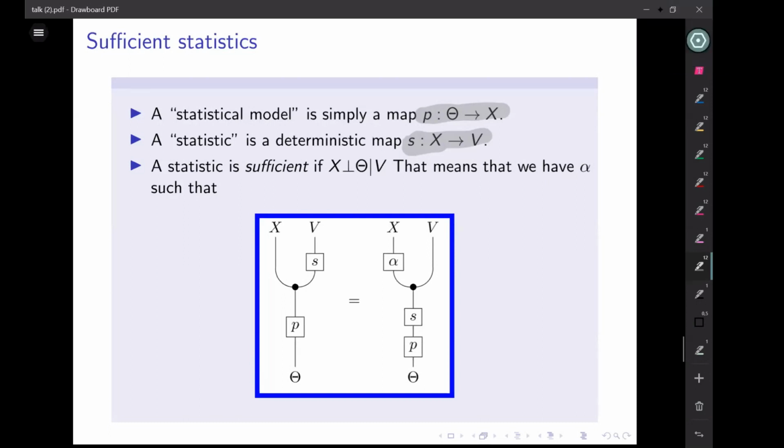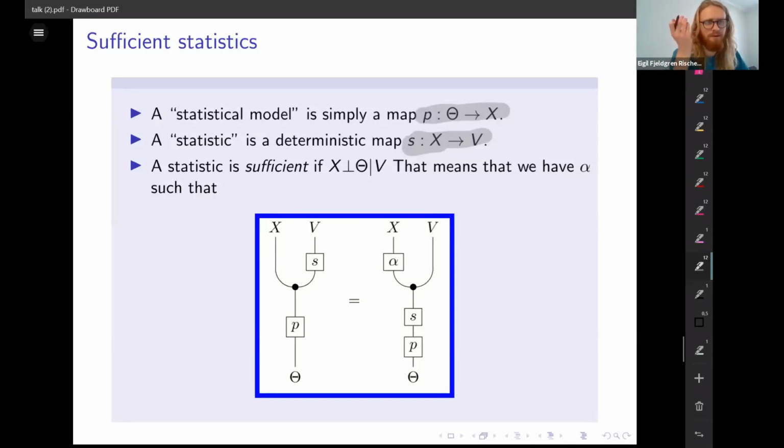Maybe, may I interrupt you? Yes, because in statistics they really distinguish statistical model and statistic. A statistical model is not a map, if you consider that map, the parameterized. So you want to say that the statistical model is a parameterized statistical model?